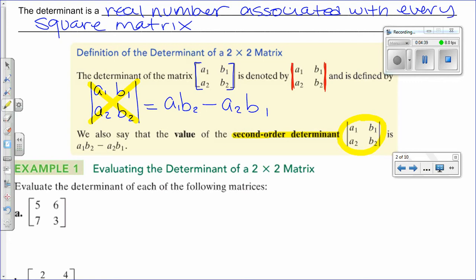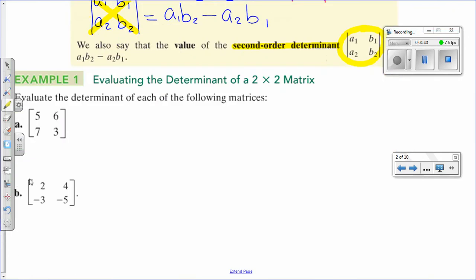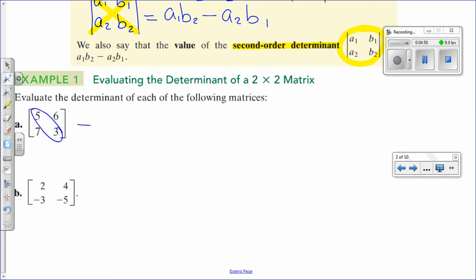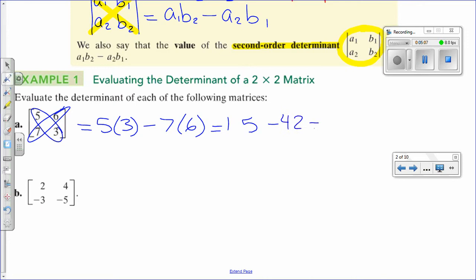So now let's go ahead and evaluate the determinant of the following 2 by 2 matrices. This process is fairly easy, so we're going to multiply the 2 numbers that are across the main diagonal. So 5 times 3 minus the numbers that are across the other diagonal, that would be 7 times 6. So this will be 15 minus 42, and so that will equal negative 27.